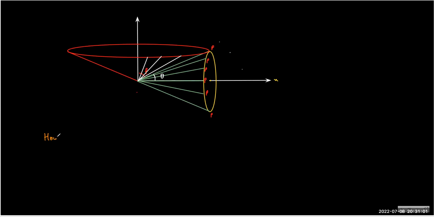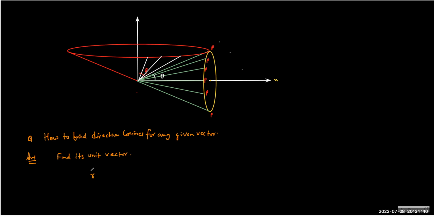So the question is how to find direction cosines for any given vector. Answer: find its unit vector, and you're done.